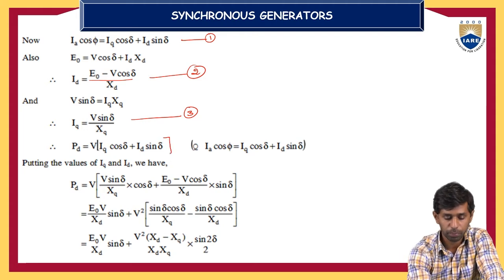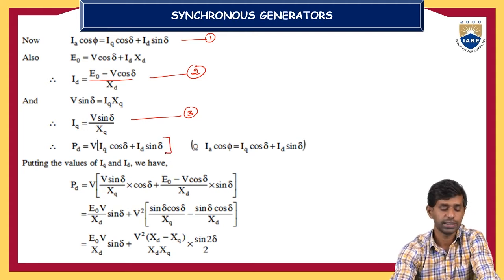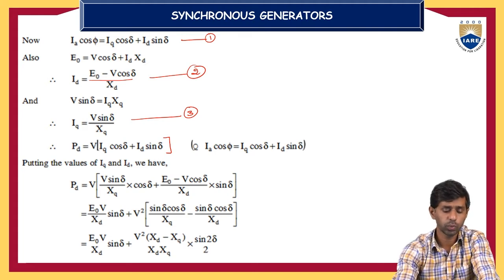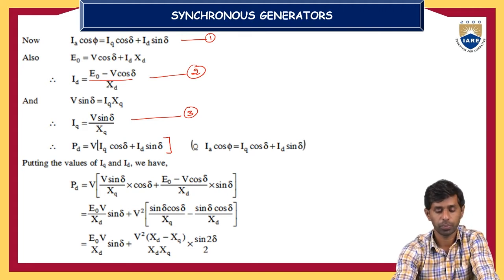The developed power Pd is equal to V times Ia cos phi.